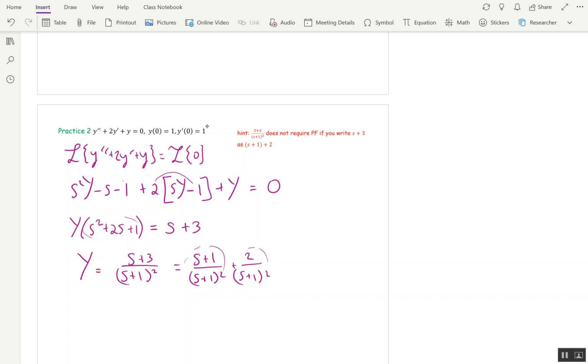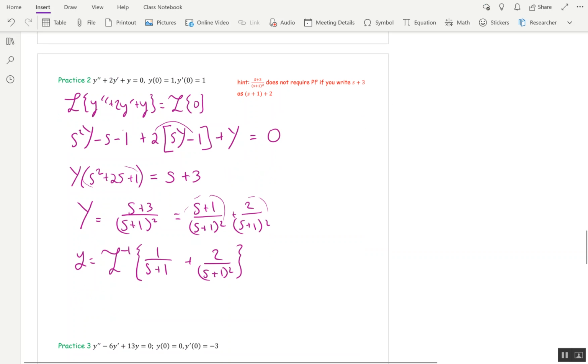So I'm going to take L inverse of both sides. Little y is L inverse. This first fraction simplifies to 1 over s plus 1. And the second fraction is just 2 over s plus 1 squared. All right. So this is little y is, the first piece is e to the negative t.